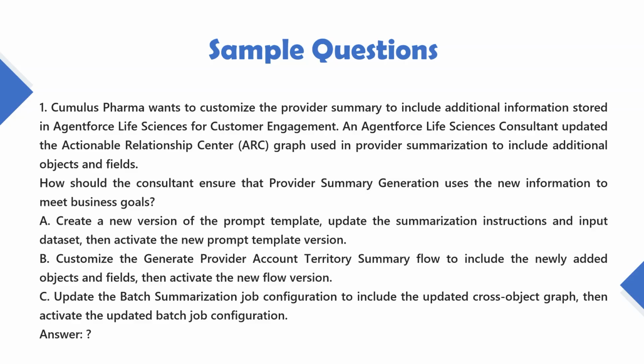A. Create a new version of the prompt template. Update the summarization instructions and input dataset, then activate the new prompt template version. B. Customize the Generate Provider Account Territory Summary flow to include the newly added objects and fields, then activate the new flow version. C. Update the Batch Summarization Job Configuration to include the updated Cross-Object Graph, then activate the updated Batch Job Configuration.